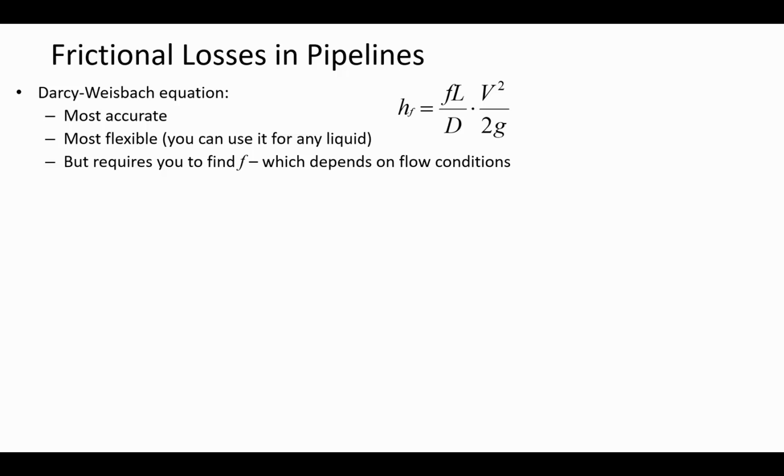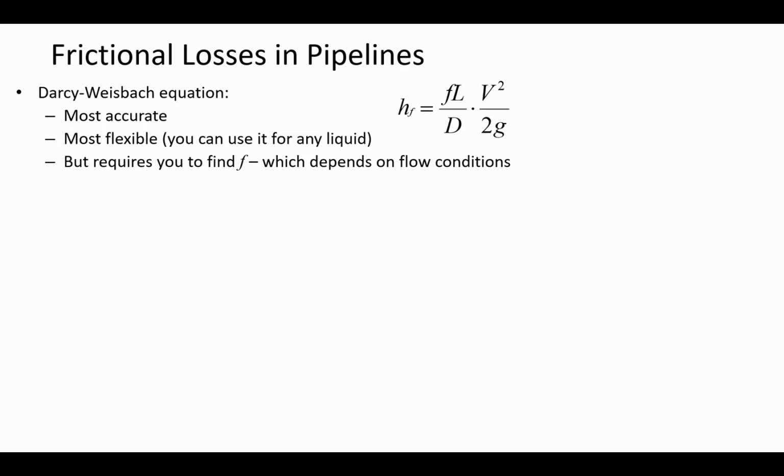And by flexible, what I mean is it's applicable over a range of temperatures. The Darcy-Weisbach equation is valid for a wide range of pipe sizes. And it also works for liquids other than water. And you can't say the same thing for the other methods that we're going to take a look at today. They're not as flexible as the Darcy-Weisbach equation.